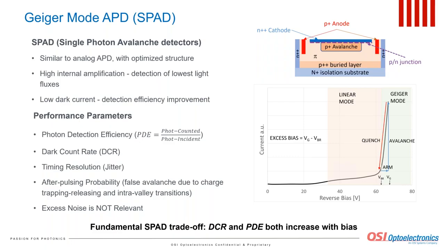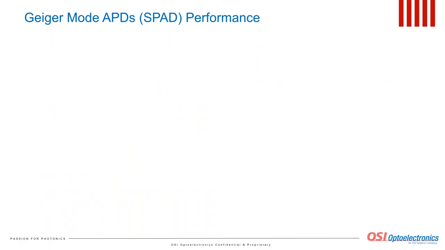And note also that the photon detection efficiency increases with the excess bias voltage, and the fundamental trade-off is that dark current rate and photon detection efficiency both increase with bias. Geiger mode APDs can only function if an effective avalanche quenching is provided.